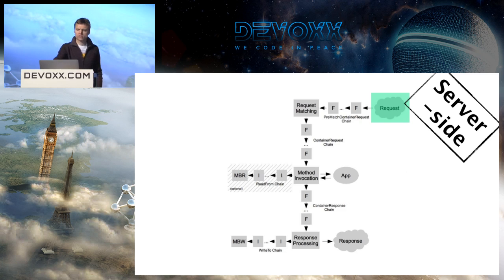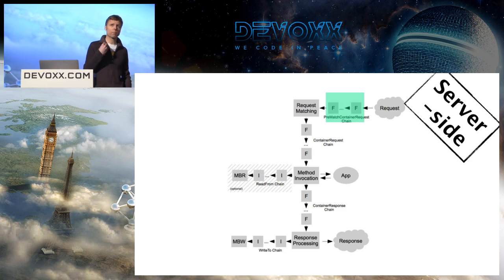Now, this is the flow a request is going through on the server side. What you have here is a first invocation point where filters are executed, and this is before the request matching to a resource method.